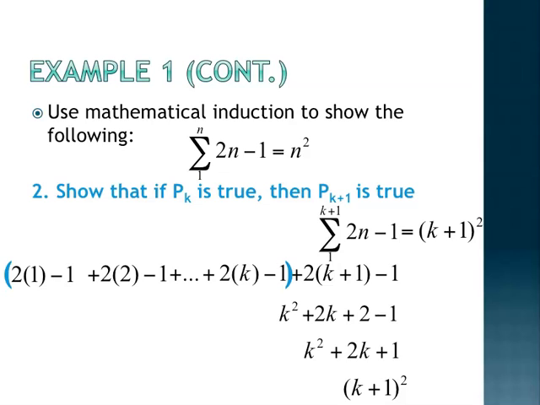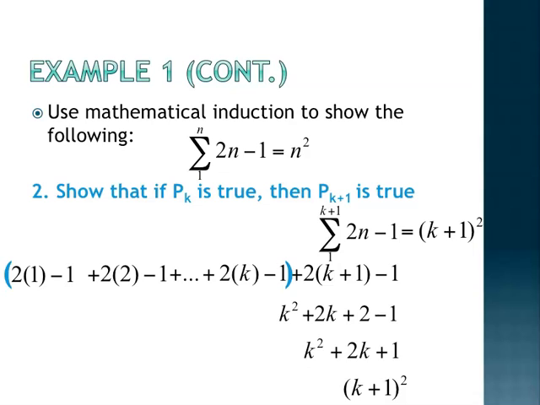Without that substitution that we did with the blue parentheses there, we wouldn't be able to simplify this down. So, because you have been able to show that P sub 1 is true, and you've shown that P sub k implies that P sub k+1 is going to be true, therefore you've shown that this pattern is always going to work for all values of n.